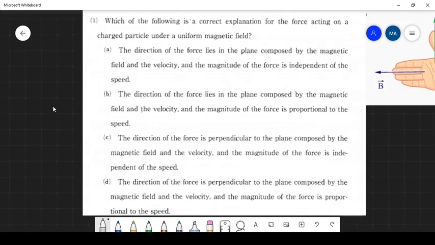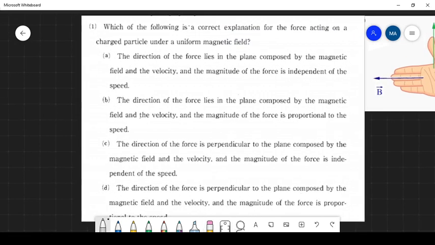So the first question, give it a read. I forgot to open the paper exam, so I can take the next questions here. Here it's open. Let's go back here.